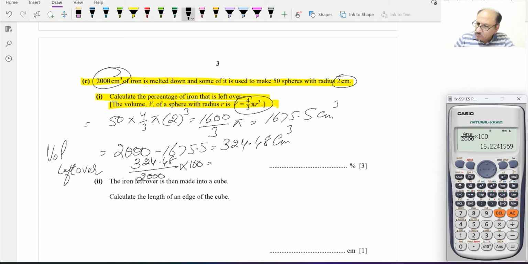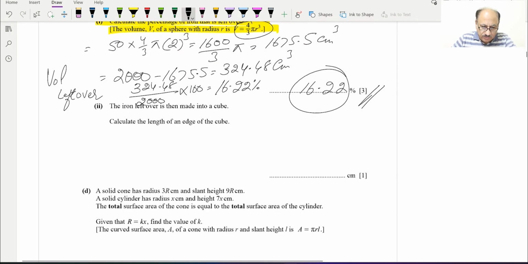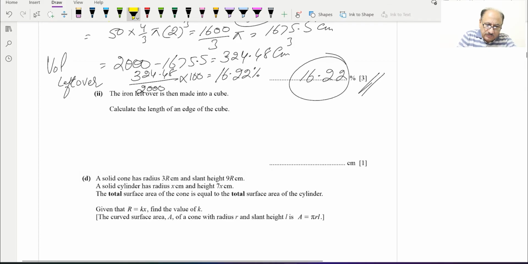This is equal to 16.22%, and we can write the answer as 16.22%. And this is the answer for 3 marks. Hopefully you understood this. Then comes the second part.